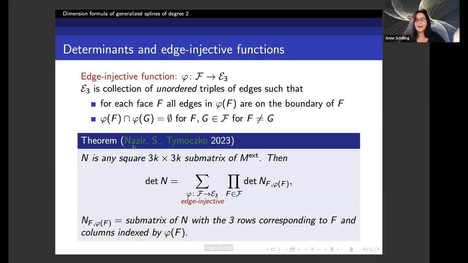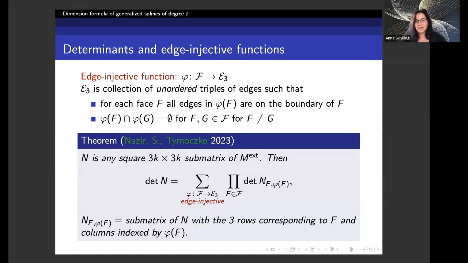And then if we take any 3K by 3K submatrix of M_X, we can write its determinant as a sum over these edge-injective functions. These terms are products over these 3 by 3 Vandermonde determinants.